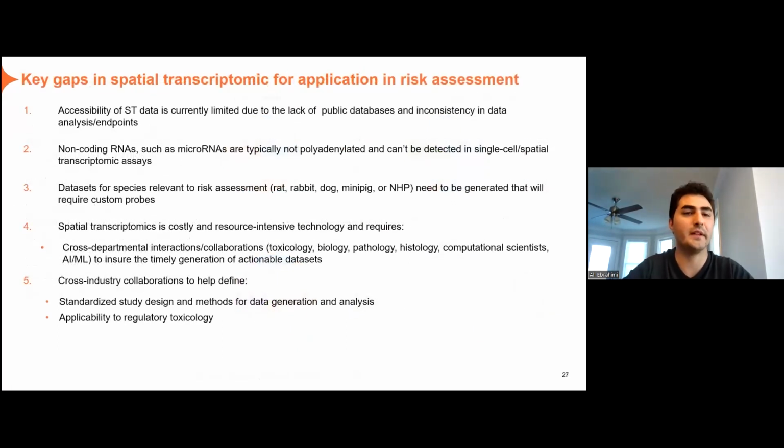And just to summarize the existing gaps, I talked about the lack of public databases, which I think is going to be essential for the success of these new technologies.